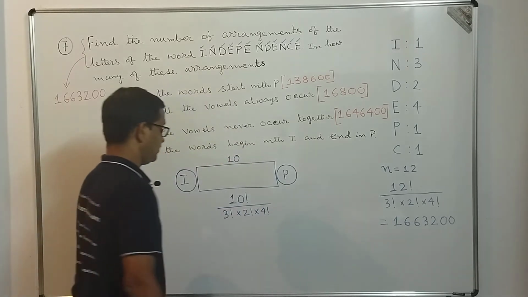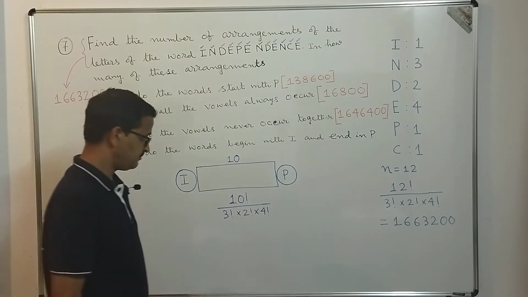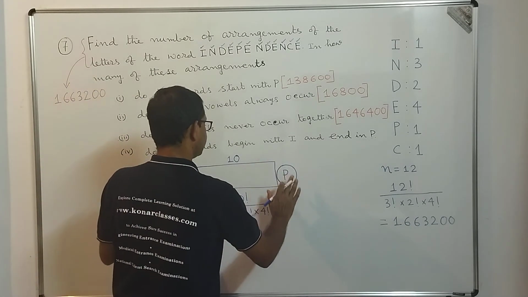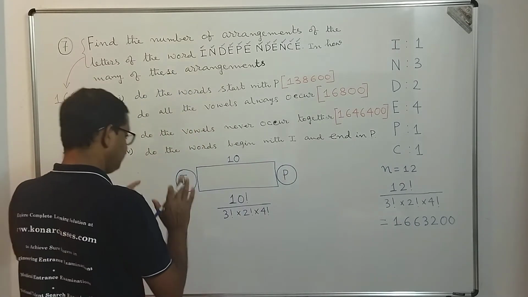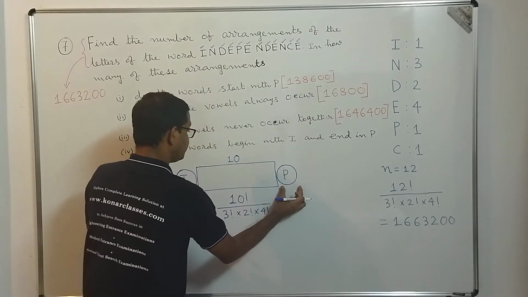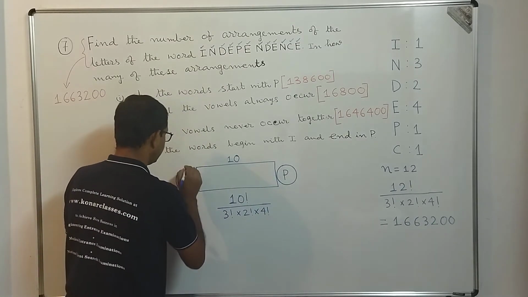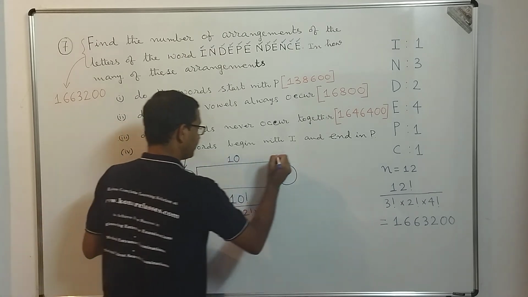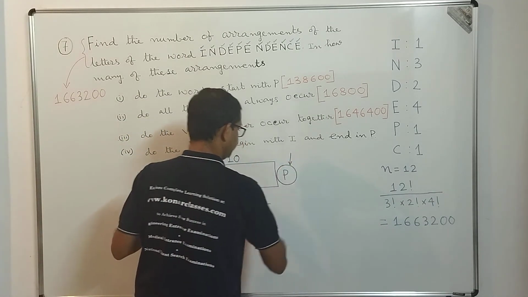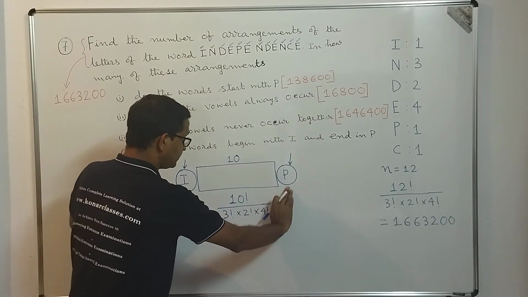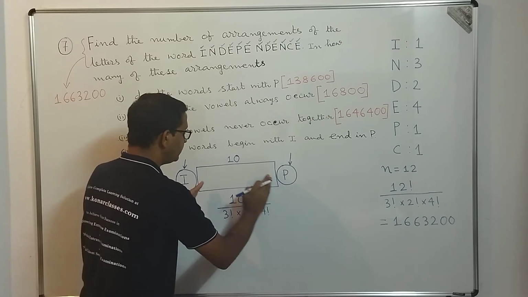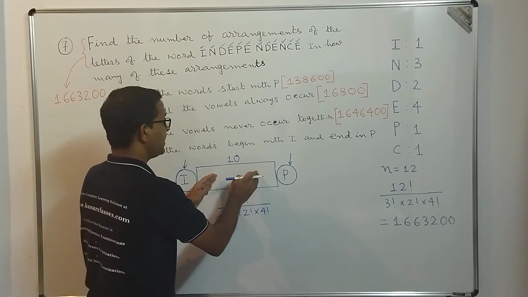Correct? So I repeat once more: out of these 12 letters, meaning 12 objects, 2 objects are already fixed, one starting with I and another ending in P. If we exclude these 2 objects, then there are 10 objects.